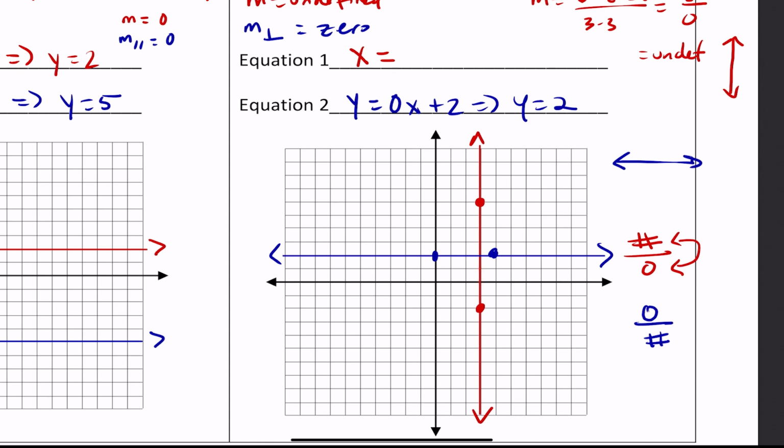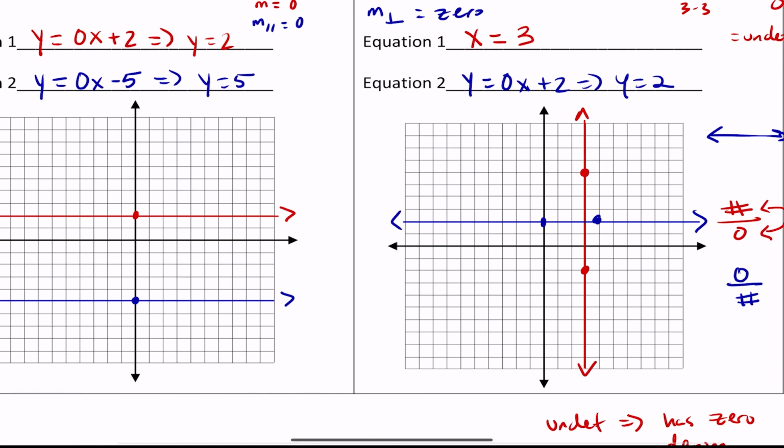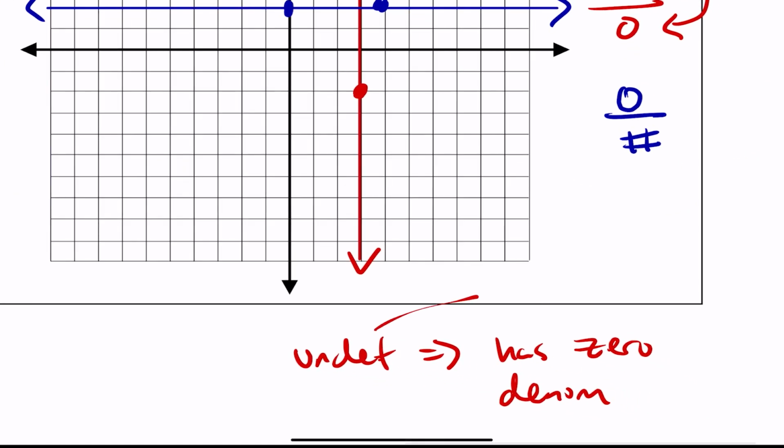So x is equal to 3. Okay, does that make sense? See how this line here, it's passing through 3 there. Okay, so x is equal to 3. So one more time, when you're writing undefined slope, it's always x equals. Everything else that we talked about will be y equals.